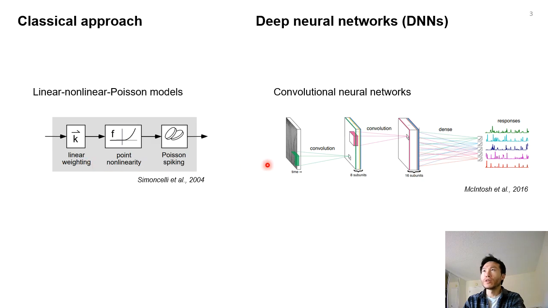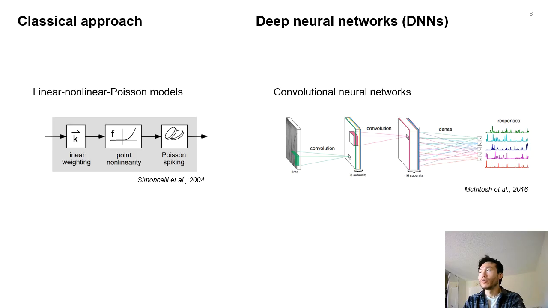More recently, deep neural networks have shown great success in predicting responses along the ventral visual pathways, including the retina, primary visual cortex, and the higher visual areas. Here is a convolutional neural network. The input layer is the stimuli, and the hidden layers are the convolutional layers and the nonlinear functions.